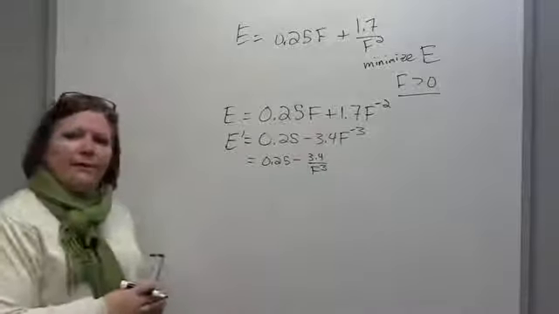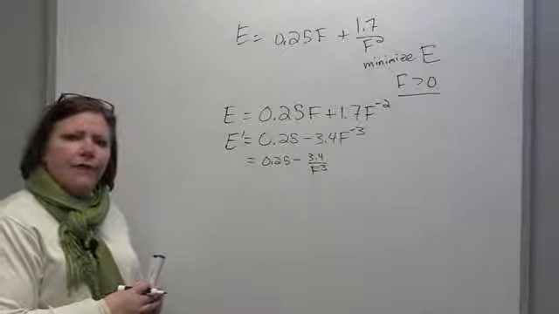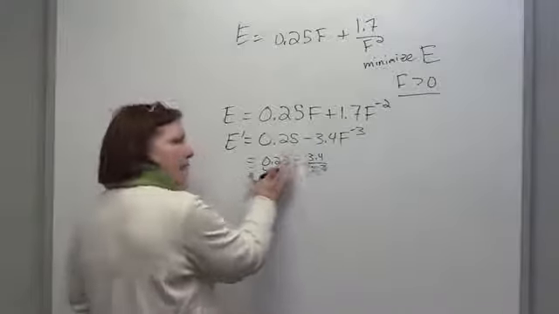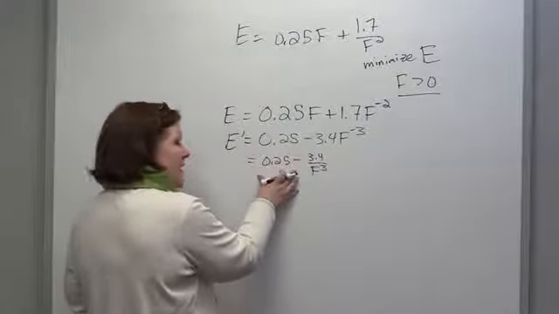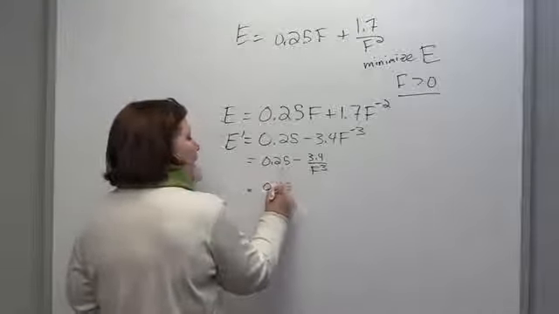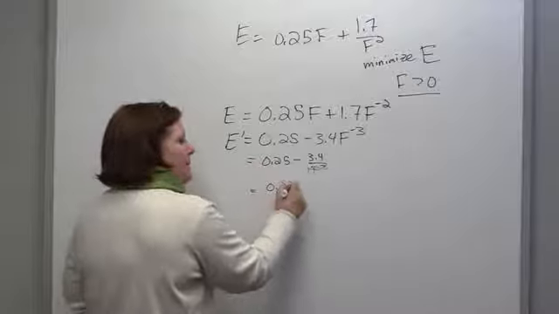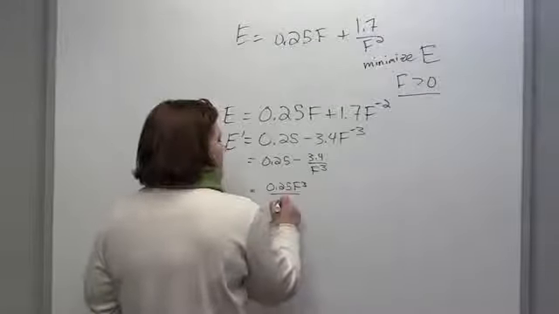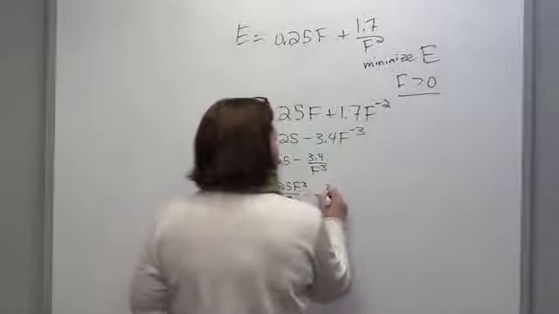so we can see what the critical points are. In this case, we want to get this under a common denominator, so I would multiply this term, top and bottom, by F cubed. I'll go ahead and write it that way.